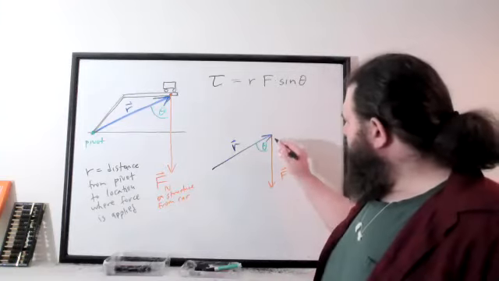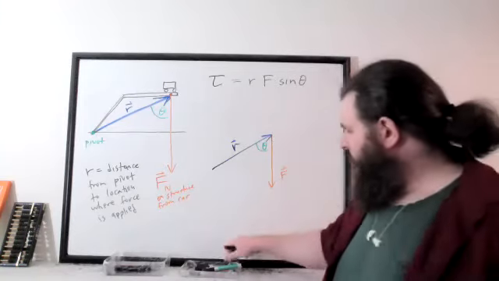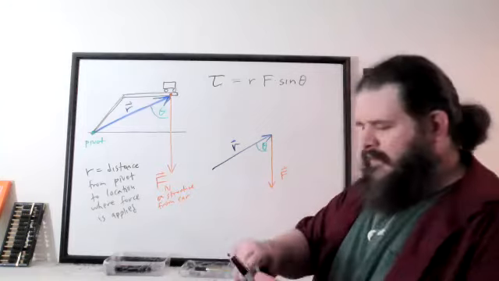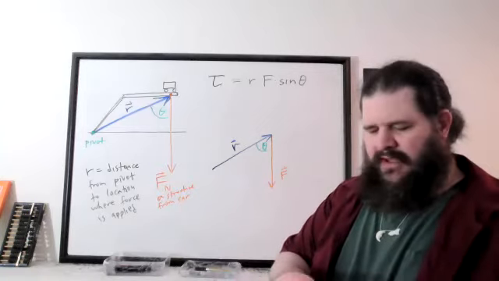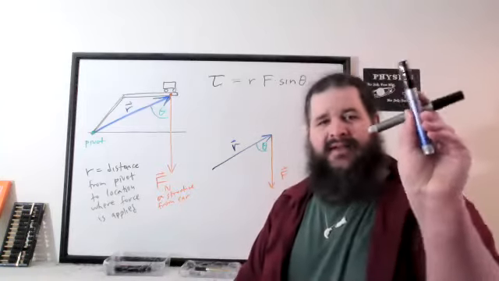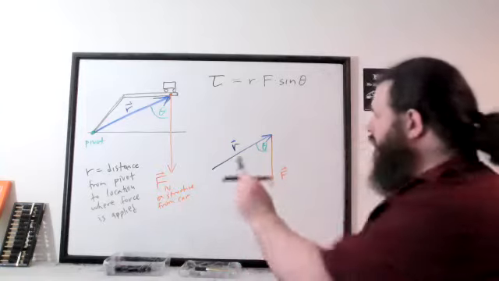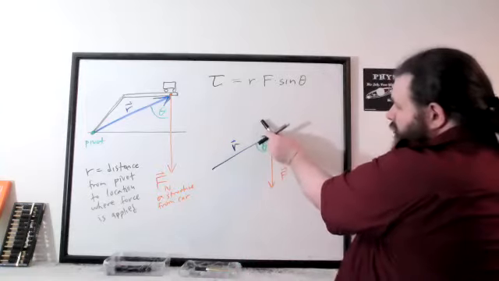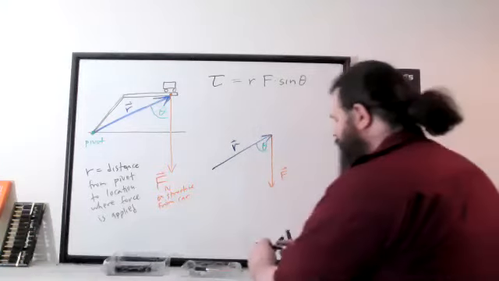So to do that, it's almost like we're establishing a new set of coordinate axes. Instead of the usual axes of x and y, we're going to have a tilted axis. So we're going to have one axis that's parallel to the radius and one axis that's perpendicular to the radius.